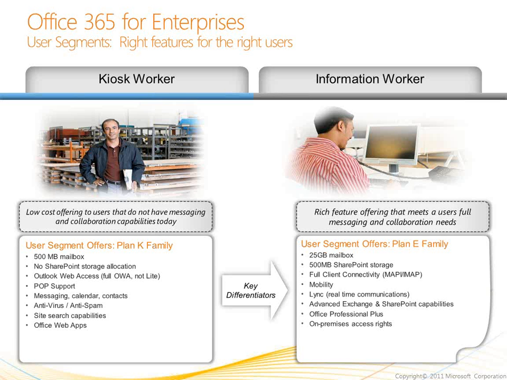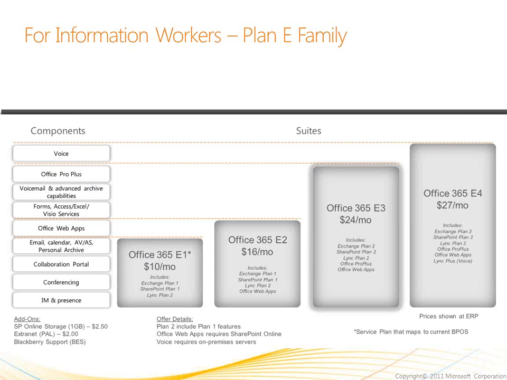Typically, you would be going with the E plans if you need something beyond the small business version. So the E plans offer 25 gig mailboxes and 500 meg of additional storage per user in addition to the 10 gig. Also, there are plans that have Office Pro Plus in them, and we'll look at that on the next slide, which is right here.